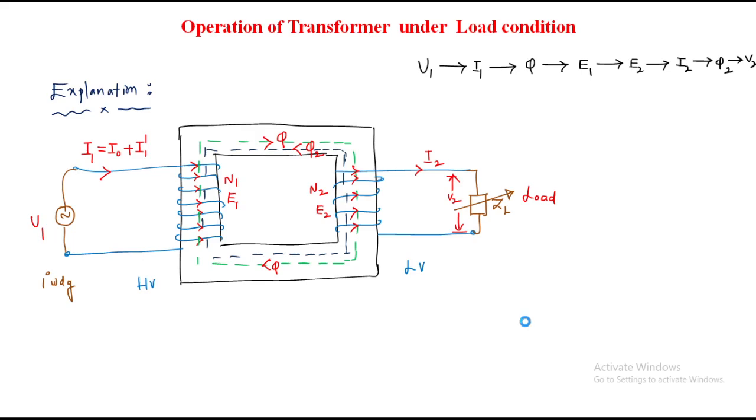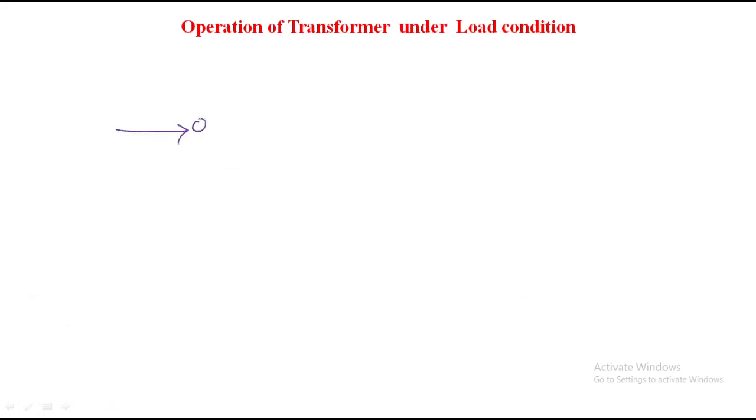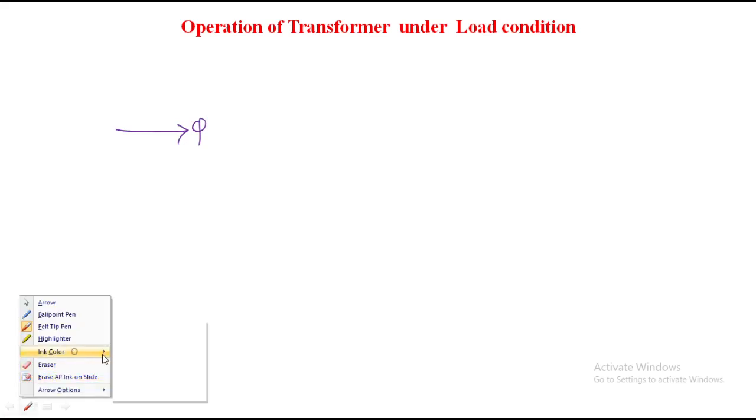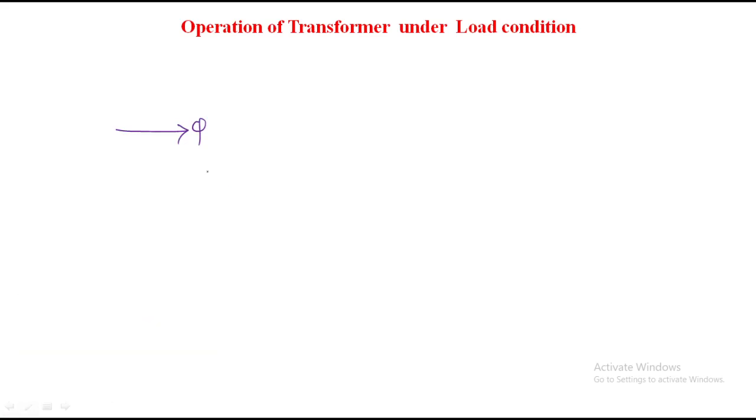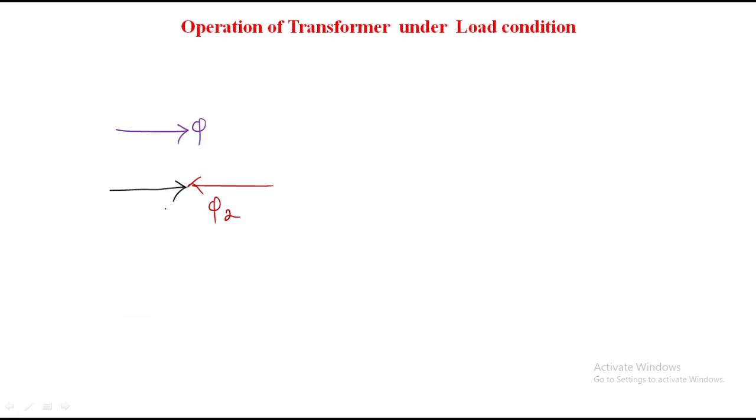So what is the direction in the first quarter cycle? This is phi, right? What about phi 2? This is the direction of phi 2. Then what is the direction of phi 1 dash? Phi 1 dash should act in the opposite direction to this in the first quarter cycle.